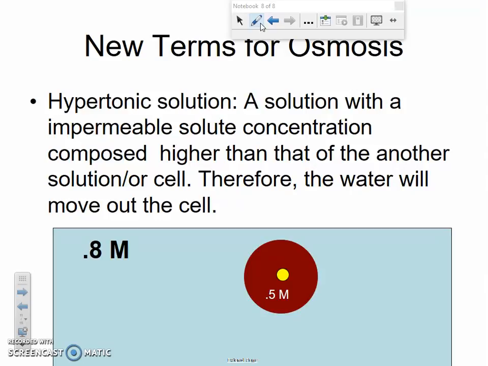So if we take a look here, there's a higher concentration of stuff than inside the cell. So in this case, what that means is that there is more water, less stuff, but more water inside the cell. As a result, since there's more water inside the cell, water moves out of the cell.